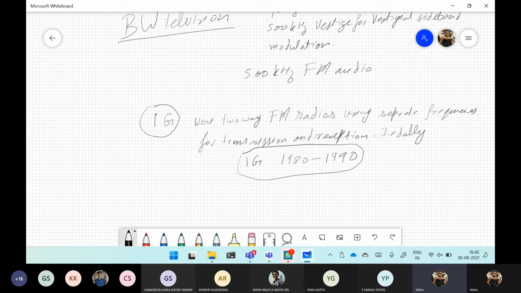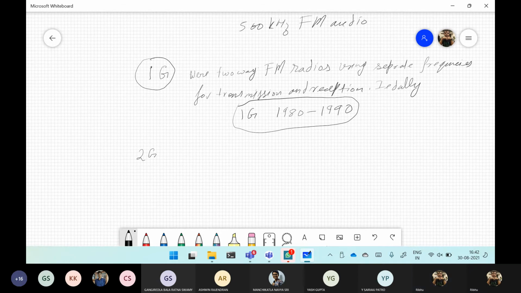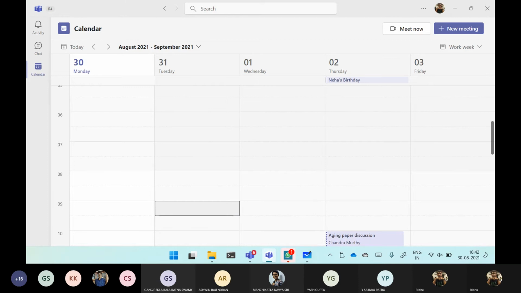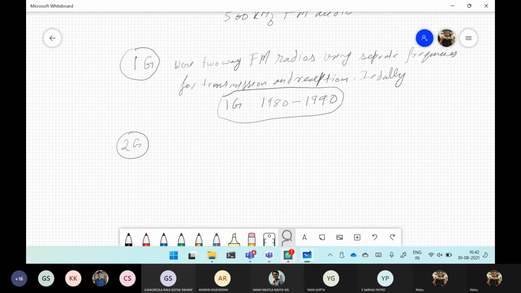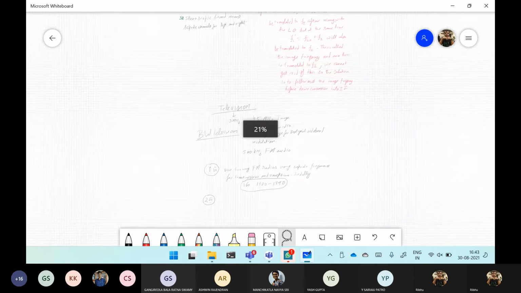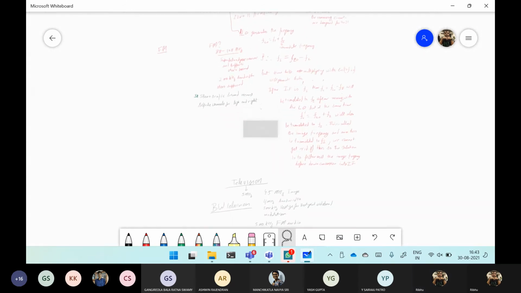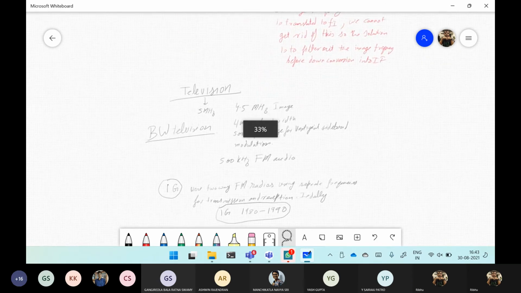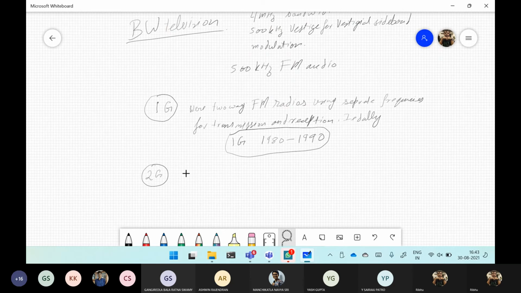Just list out the other generations for completeness. Actually, it shouldn't be 2000 because people are still using 2G.